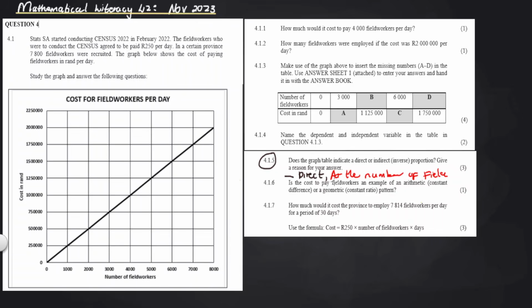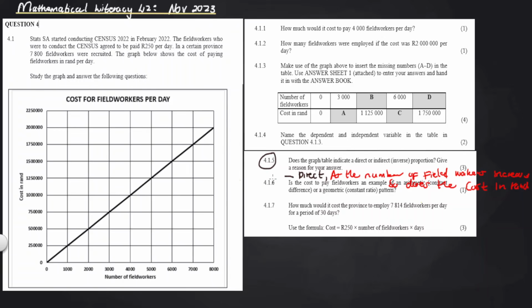So I'm just going to write it like this: as the number of field workers increases, so does the cost in rent. So a direct proportion relationship is described as one quantity increases, the other quantity also increases.